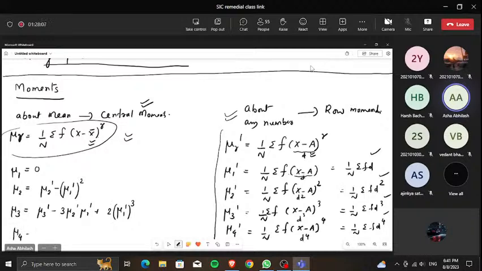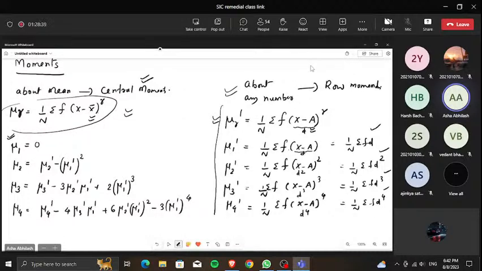Then mu4 is equal to mu4 dash minus 4 mu3 dash mu1 dash plus 6 mu2 dash mu1 dash square minus 3 mu1 dash all raised to 4. You have to remember these formulas, because once you have found the raw moments, you have to find the central moments. Mu1 will always be 0, so no need to find the mu1 value.